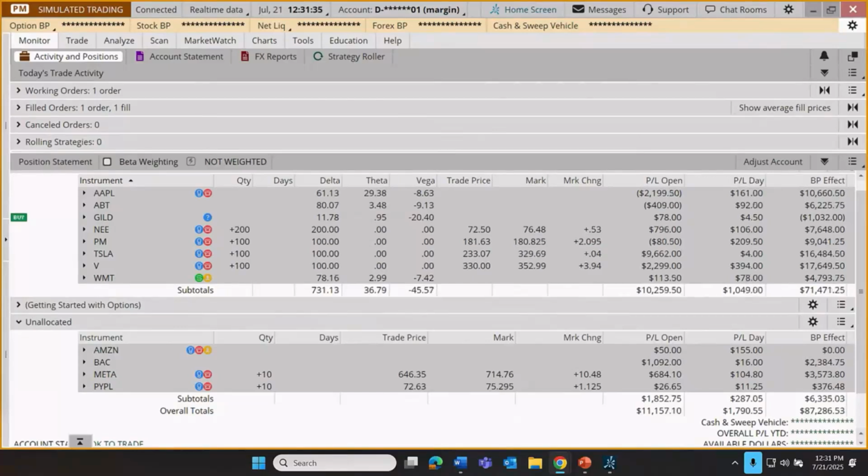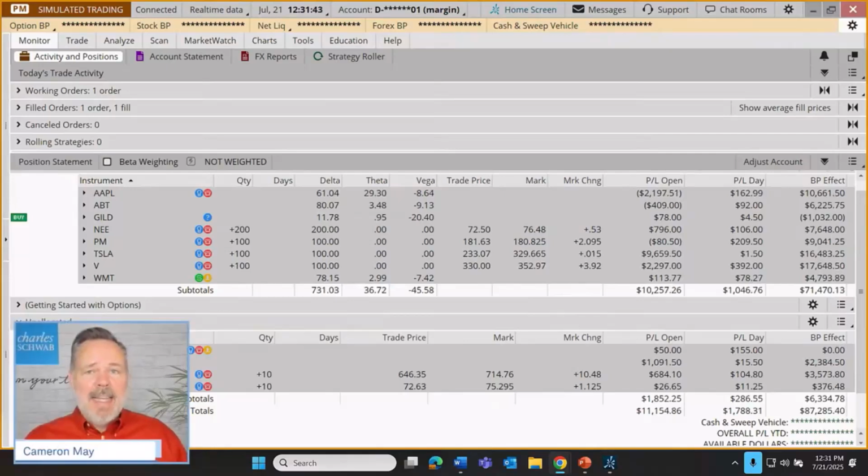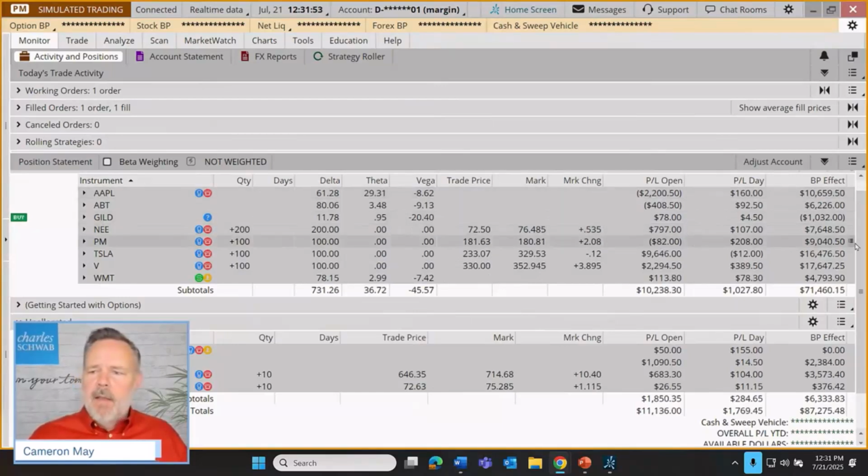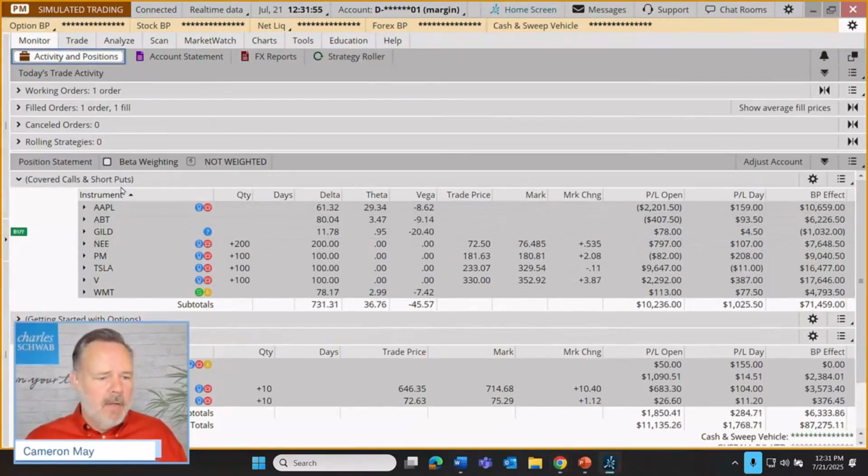Mo says, is there a way to create a covered calls watch list? So yes, there is. Mo, are you talking about a watch list for intended covered call positions for later, maybe things that you're not trading right now? Or are we talking about just having something monitored like we have right here, which is a group that I created?